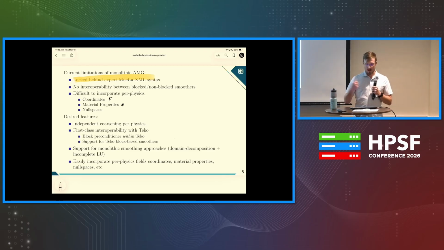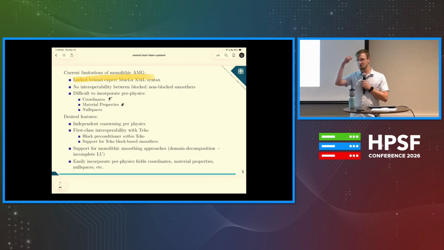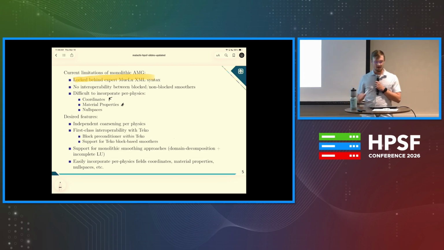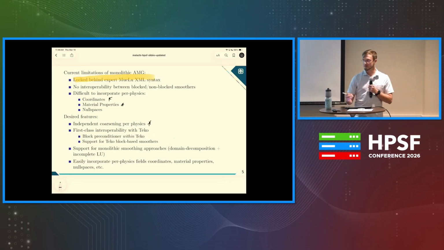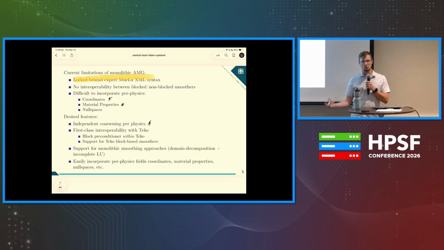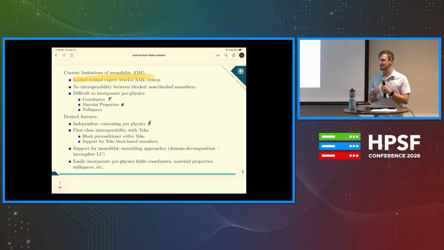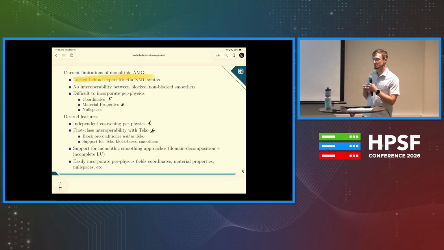So what I actually want, if I put on my Sierra developer, user of Trilinos hat, is to be able to specify independent coarsening per physics. For example, maybe I use smoothed aggregation on one block and Petrov-Galerkin on another block. I want to have first-class interoperability with Teko.